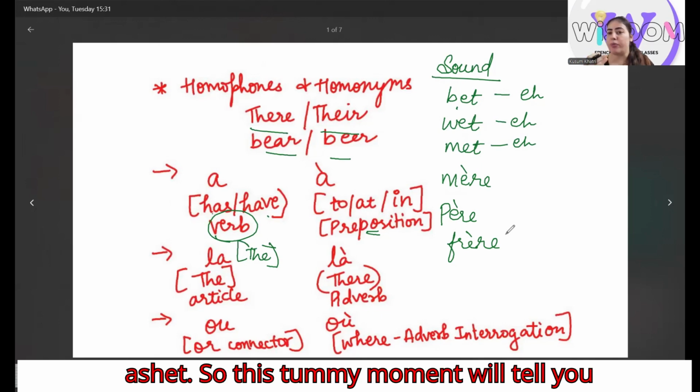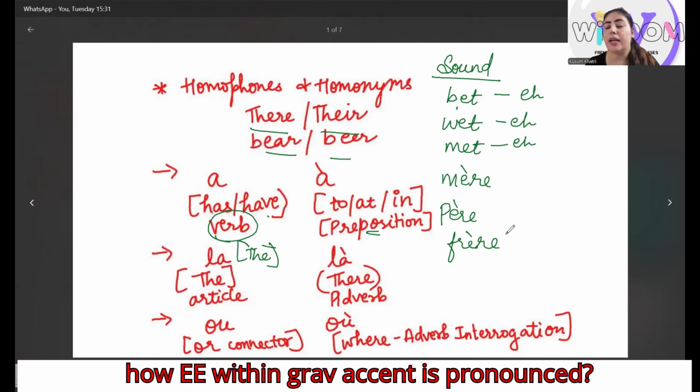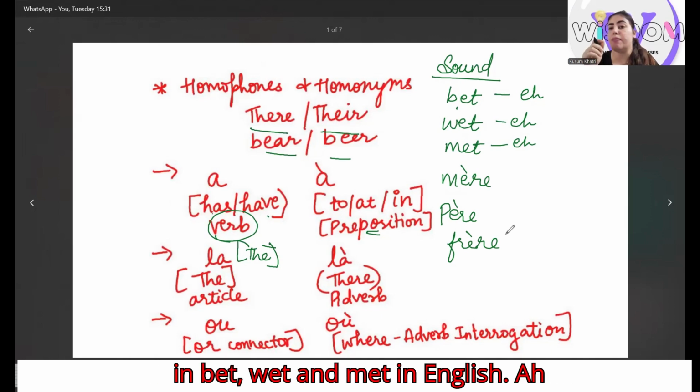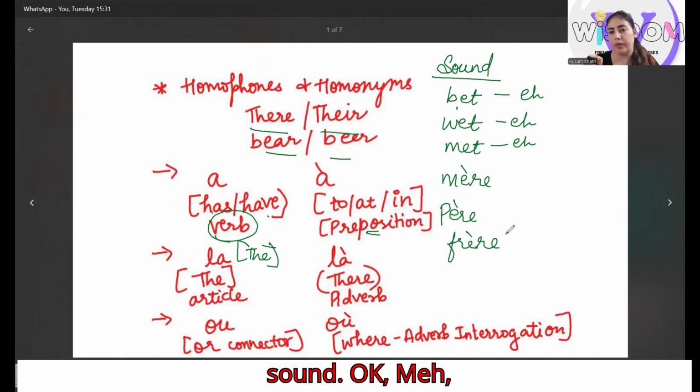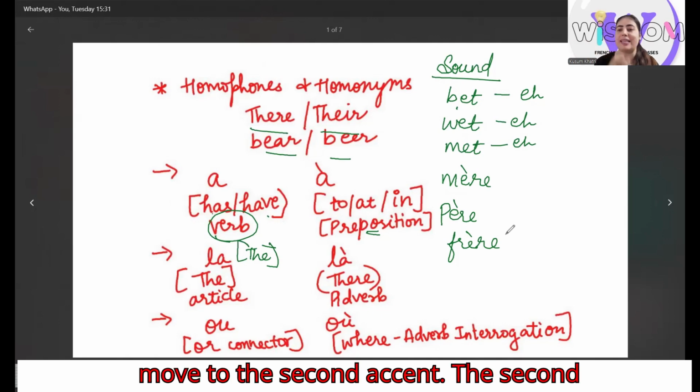So this tummy movement will tell you that your pronunciation is right. So how is E with grave accent pronounced? It is pronounced as the E which is there in bet, wet and met in English. Mère, père, fraîche, achète, blanchir. Is it clear? I hope it's clear. Let's move to the second accent.